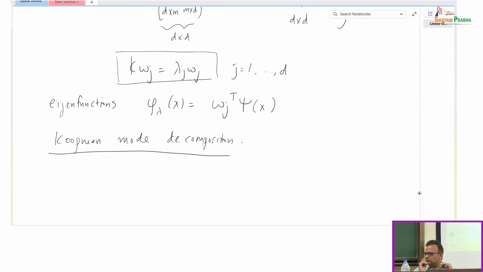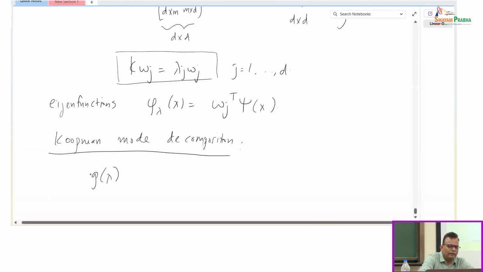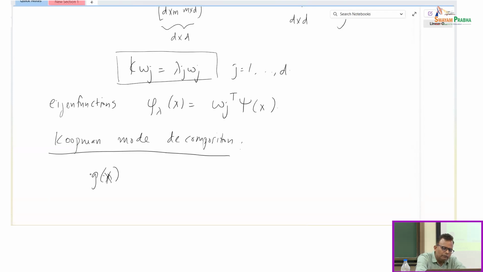Now let's say I give you some new function, which we call an observable, which is a function of states. It's a scalar valued function, or it could be a vector valued function. Let's just say I have a scalar valued function, call it g of x.